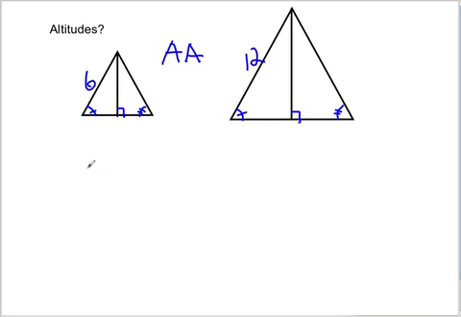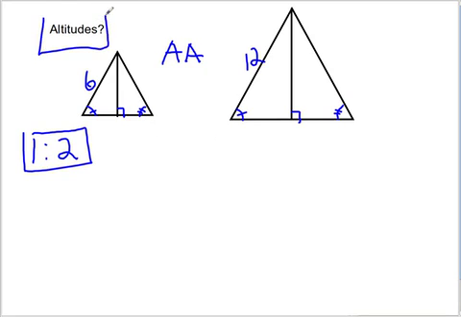Since the triangles are similar, the ratio of the smaller triangle to the larger triangle's sides is 1 to 2. Well, as it turns out, the altitudes are also proportionally related in the same ratio as the sides are. So when two triangles are similar, not only are the sides proportional, but the altitudes are also proportional.